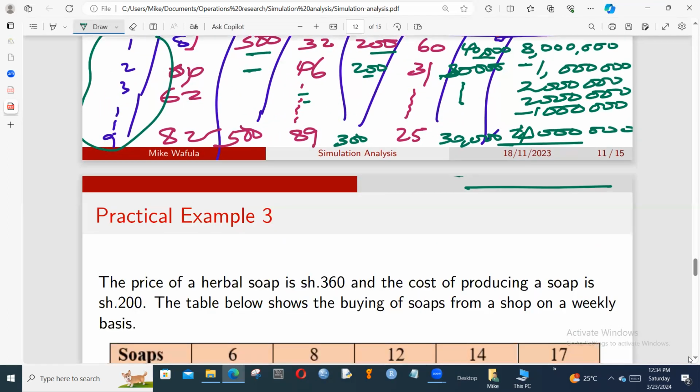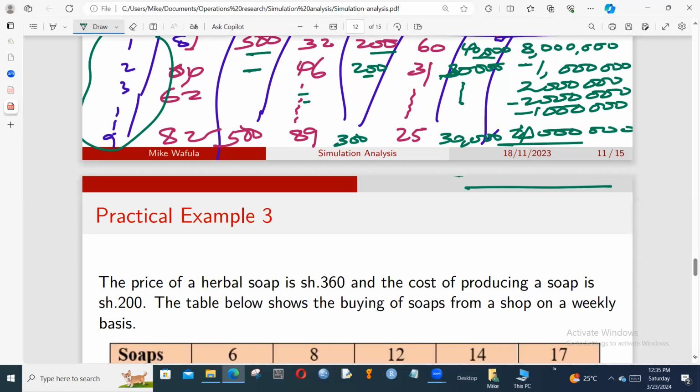The seventh, the profit for the seventh trial.